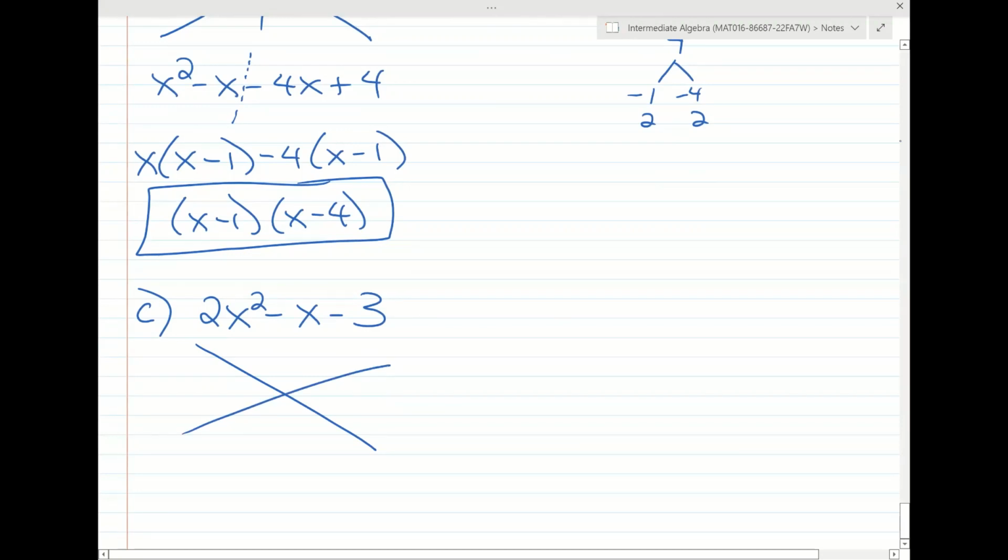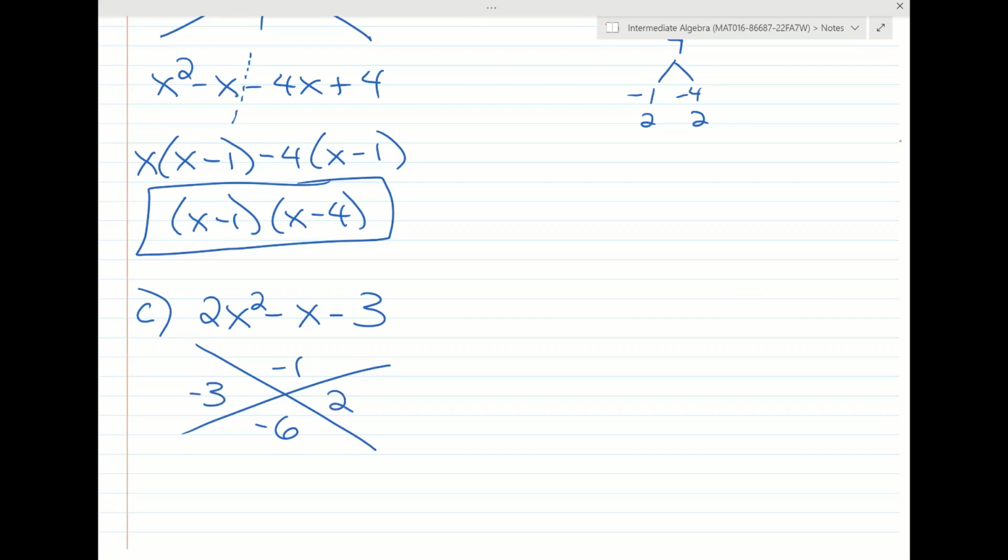So what numbers multiply to be -6 and add up to be -1? -3 and +2, right?